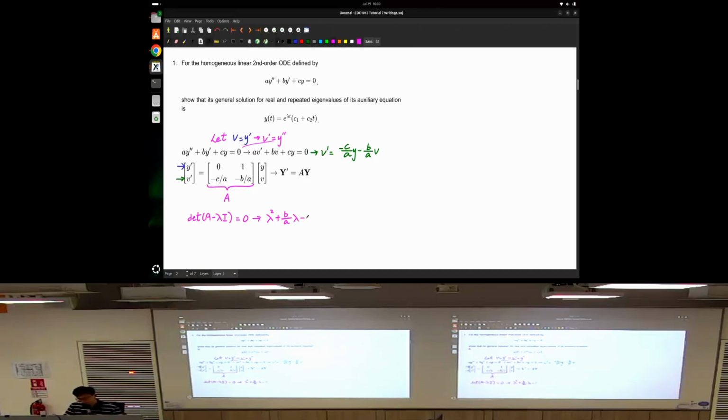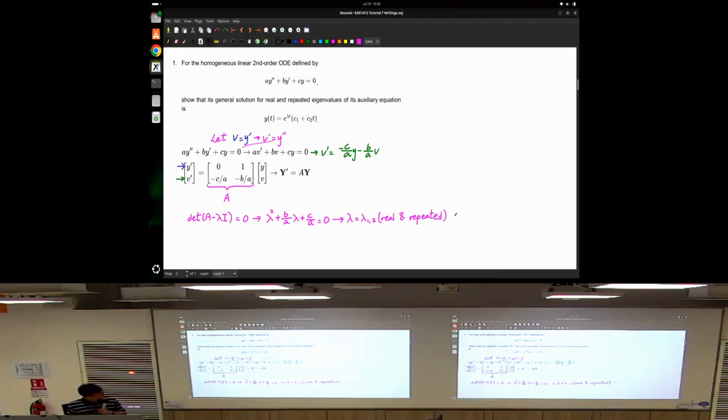Is it minus? Oh, sorry, it's a plus: plus c over a. So this equals 0. Depending on your a, b and c values, you are going to get repeated eigenvalues, lambda 1, 2. So let's write it as real and repeated.